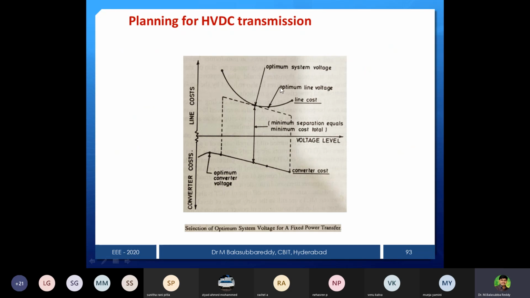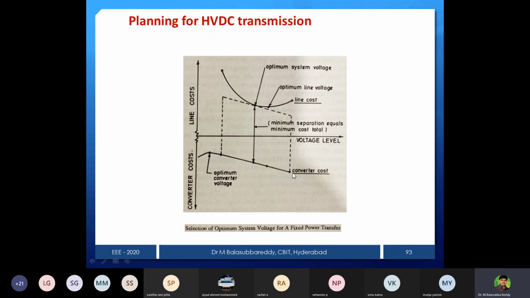It shows the minimum cost. Here this is the voltage level. We can see that the line cost as well as the converter cost are considered, and this is the point we got as the optimum converter voltage. If you operate at this point, then that is the optimal value of voltage.